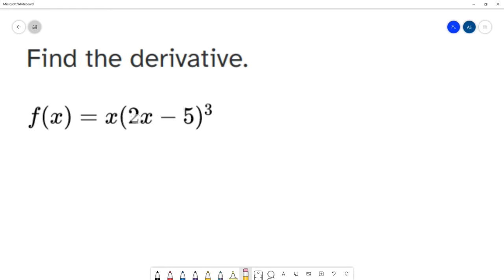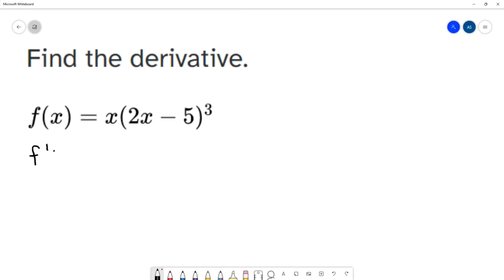And then on this particular factor, I have 2x minus 5 to the third power. This is a composition of two functions. So I'm going to have to use the chain rule when I'm calculating the derivative on that particular factor. So I'm going to use the product rule, the chain rule, the power rule on this example.